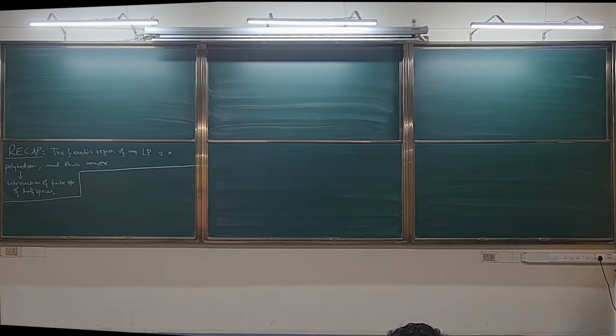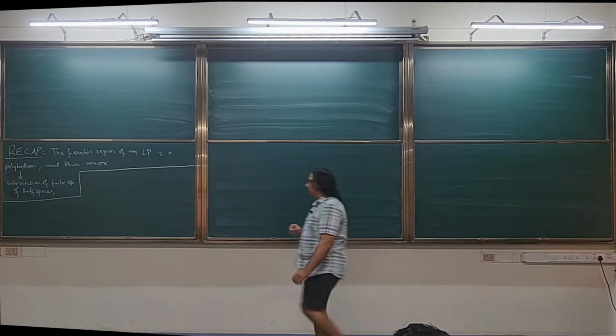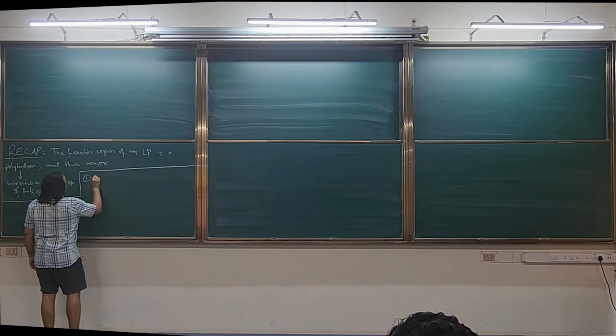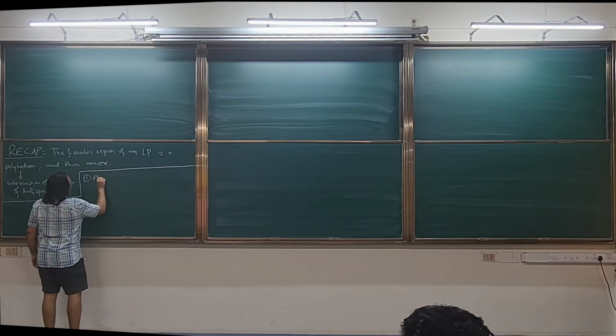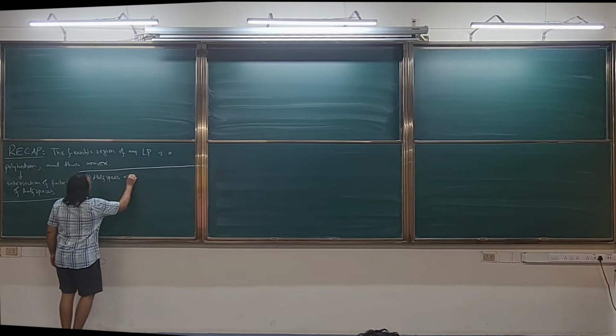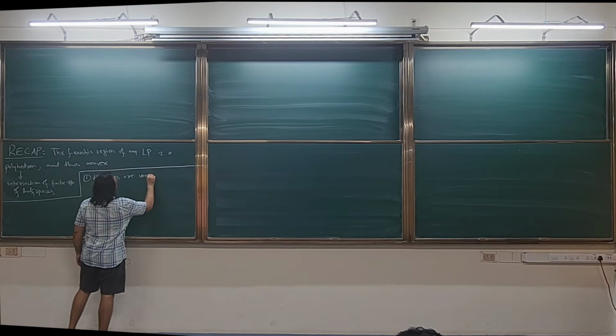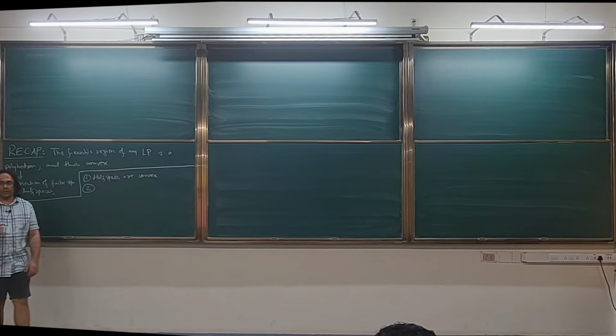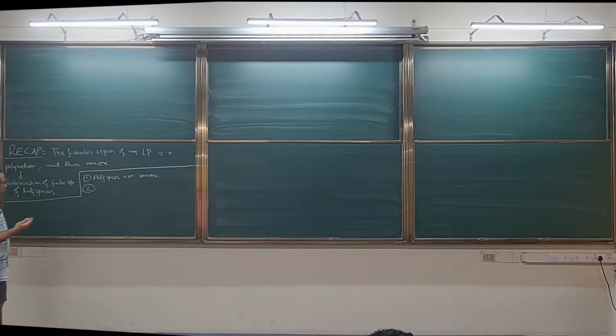And the way we prove convexity is we prove these two steps. One is half spaces are convex. And secondly, the intersection of any number of convex sets is a convex set.